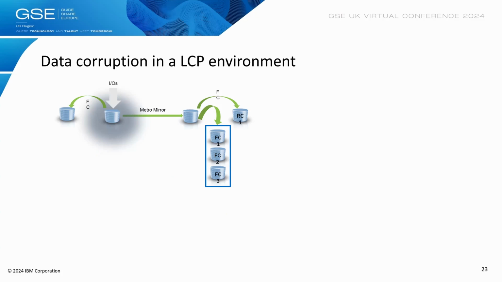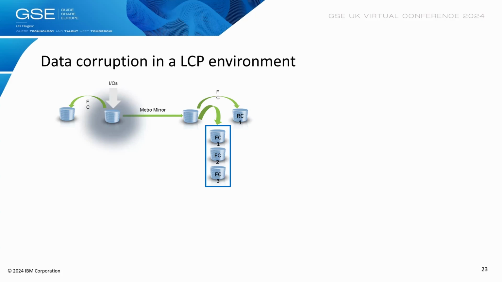IOs go to the primary site, but now we have an LCP environment, and thanks to that, we are taking point-in-time copies of the secondary disk every 15 minutes. Side note here on this chart, the point-in-time copies are taken using flash copy, but LCP also supports safeguarded copy, which allows taking more copies than the flash copy implementation.